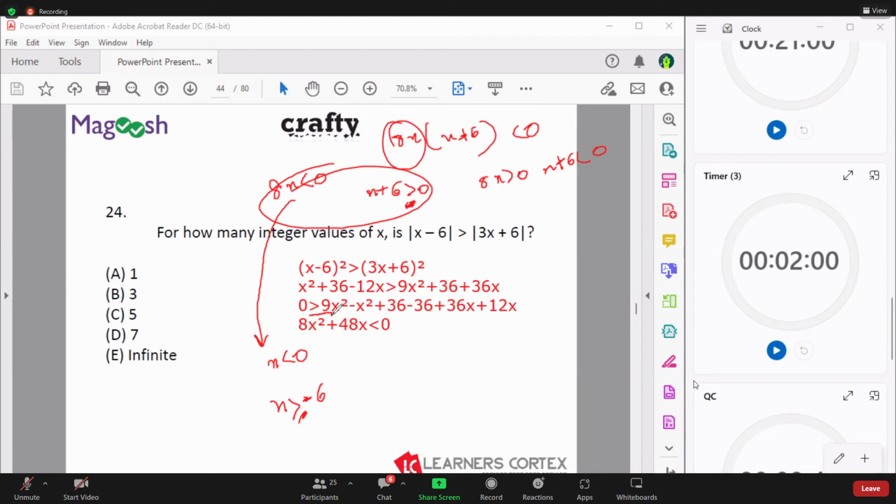Because the product of both of them is 0, right? It is less than 0. So no, it cannot actually be equal to 0, because then the product will also be equal to 0, and that is not given.